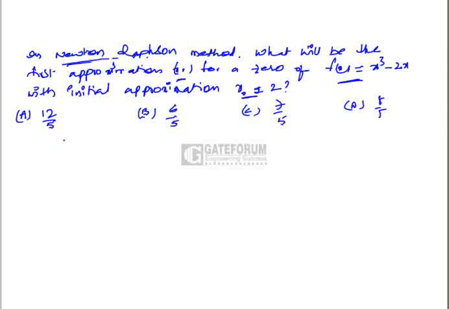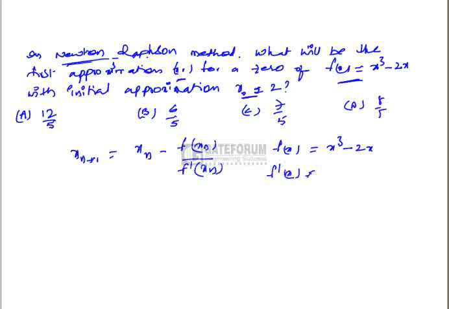The iteration formula for the Newton-Raphson method is given as x(n plus 1) is equal to xn minus f of xn by f dash of xn. So here f of x is equal to x cube minus 2x and f dash of x is equal to 3x square minus 2.